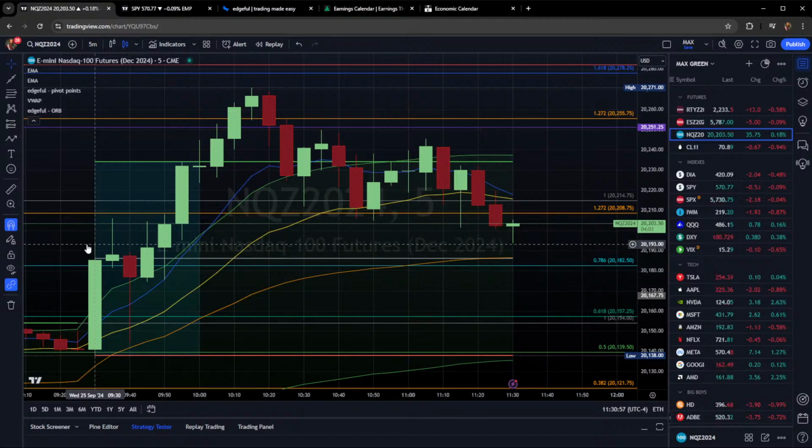Right on that opening candle high there. I mean, that could bounce. Could bounce. We'll just trust the trade, though.